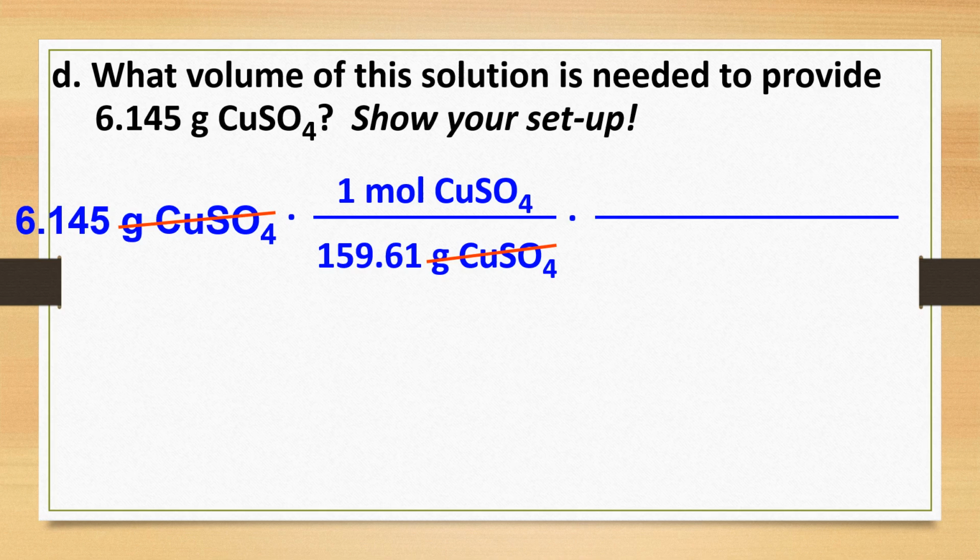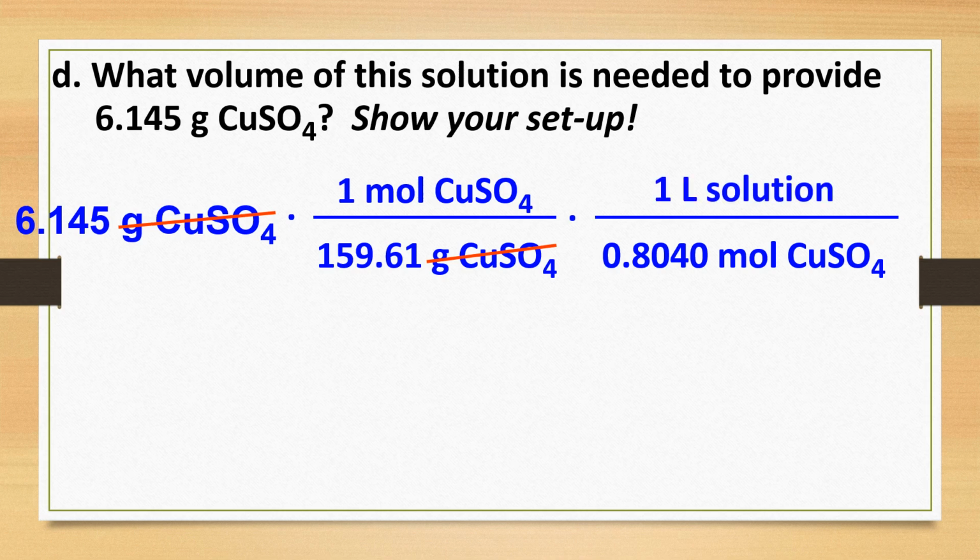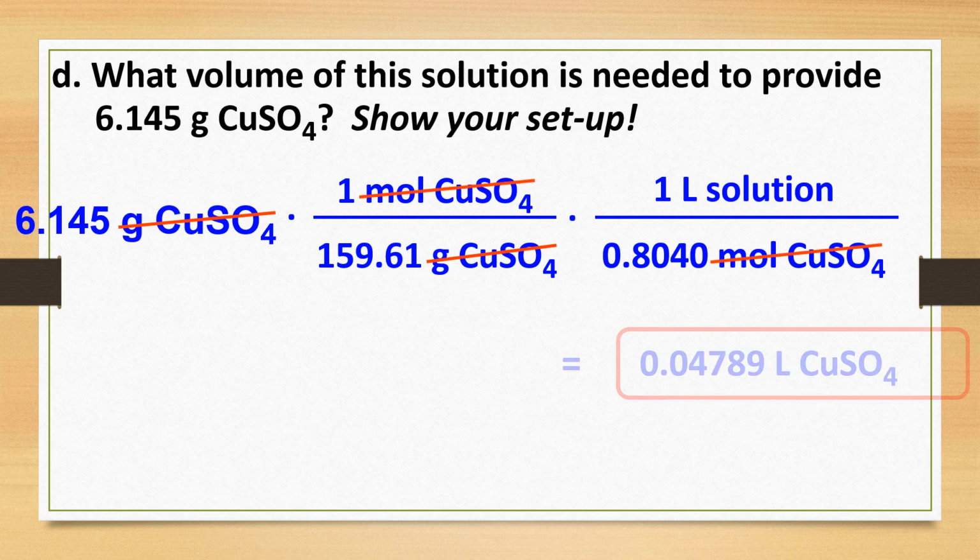So we write that down as every liter of your solution gives us 0.8040 moles of your solute. And now you get the answer in liters, which is 0.04789 liters of your solution.